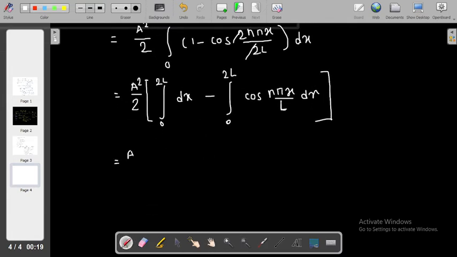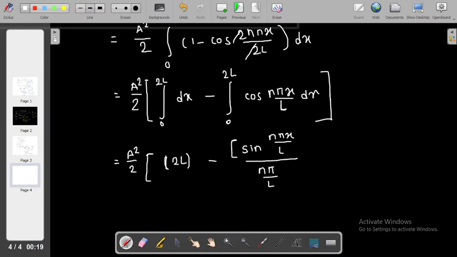Okay, now bracket close. So it is A square by 2, and the integration will be x. After applying the limit, it will be 2L minus of, now the integration of cos x means plus sin x, so sin(n pi x by L) divided by n pi by L, from 0 to 2L, right?